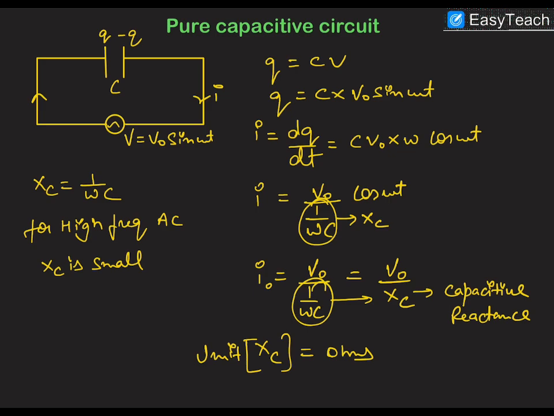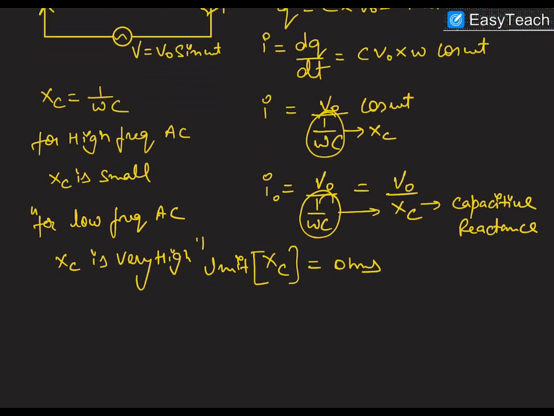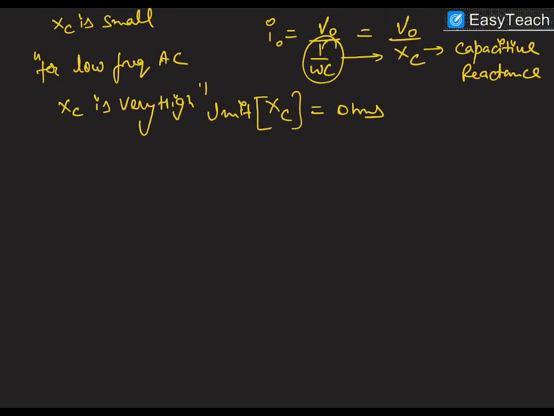This is the first thing. And for low frequency AC circuits, Xc is very high. So the capacitance offers a very high resistance to low frequency AC circuits.